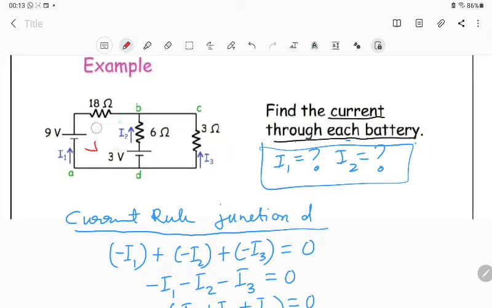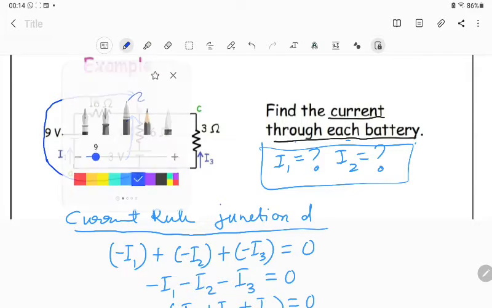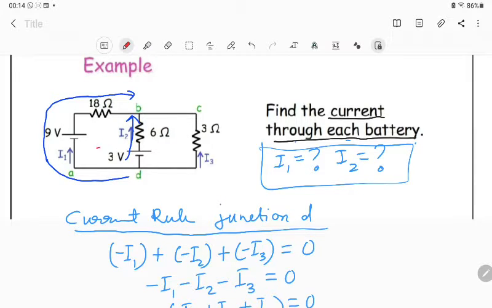See, the current I1 direction is like this now. I1 is going like this, and I2 is going like this. Now I will choose a loop. So I choose this loop.